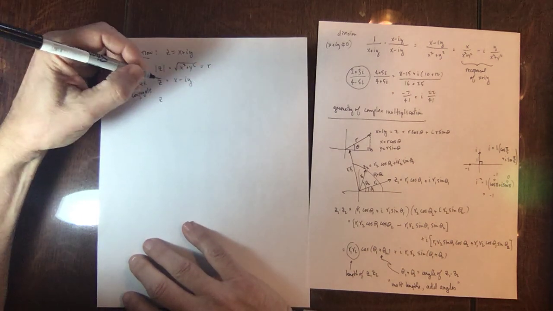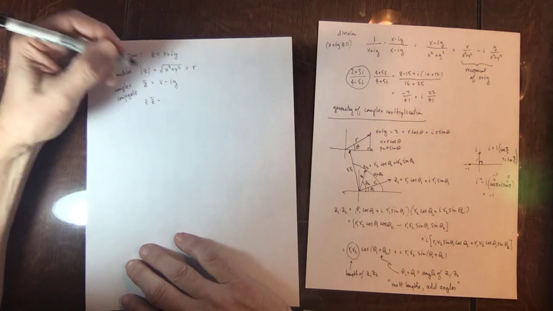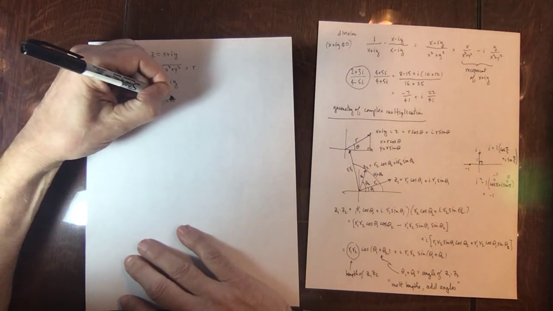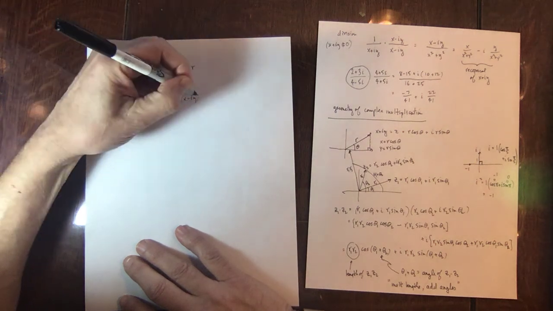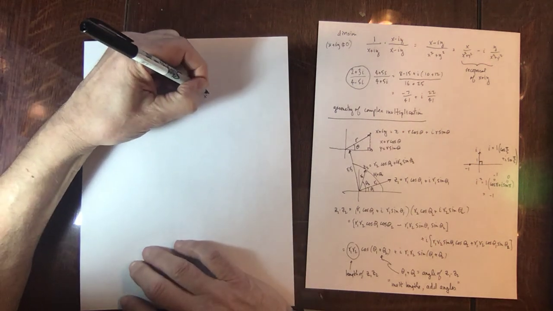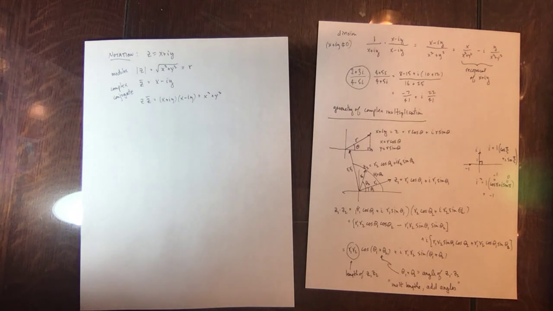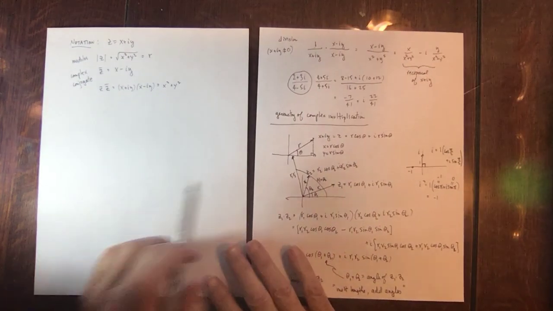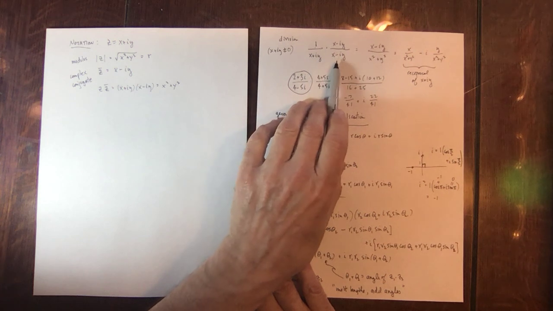Notice that if you take a complex number and multiply by its complex conjugate, what do you get? That's x plus iy times x minus iy. That's just x squared plus y squared. That's essentially what we were doing over here when we wanted to understand the reciprocal of a number.